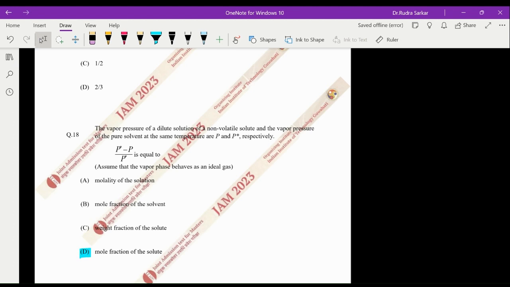So what do we write? P equals xi A, or rather let's say this way. A is the solvent and B is the solute.